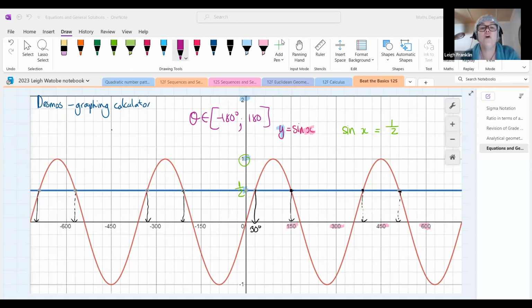The graphs intersect indefinitely, which is why you were given a restriction or a window on the Cartesian plane to look at. Just find solutions between here and here. Otherwise, you'd be there forever. There are an infinite number of solutions because, as you know, our x-axis gets bigger and smaller infinitely. That's why they give you the restriction.